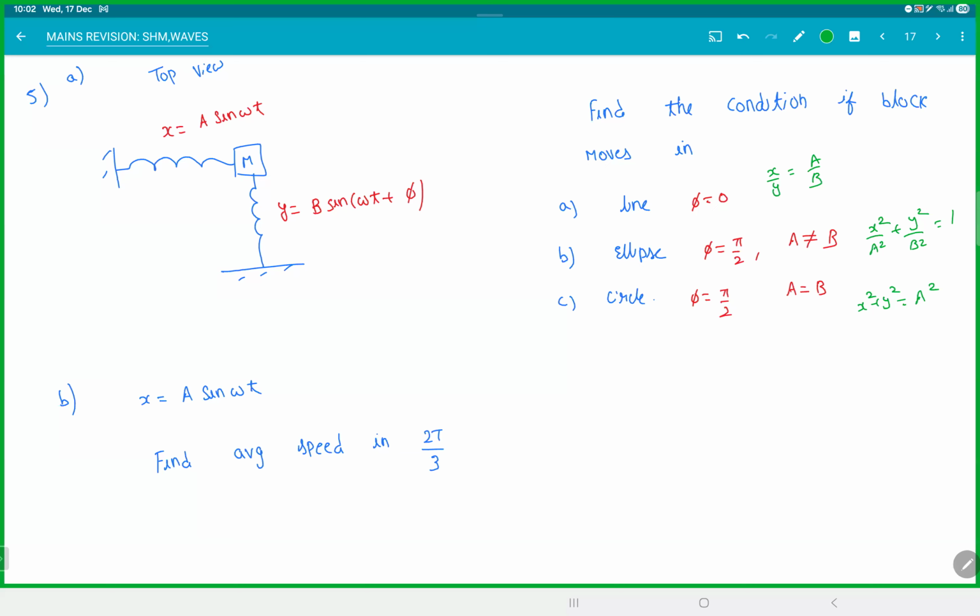This is a good one. Find the average speed in 2T by 3. Be careful. Average speed is distance by time. Don't take displacement. If you substitute 2T by 3, you will get displacement. You don't get time.